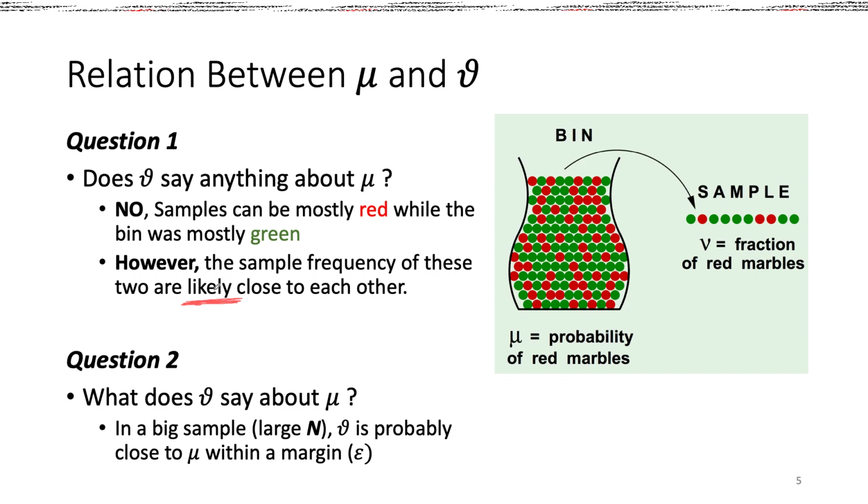In this case, if you assume this was 40%, this is 3 out of 10, so it had like 10% difference. But if you carry on doing this in several samples, or if you take bigger samples, you might be able to say that they are getting close to each other.